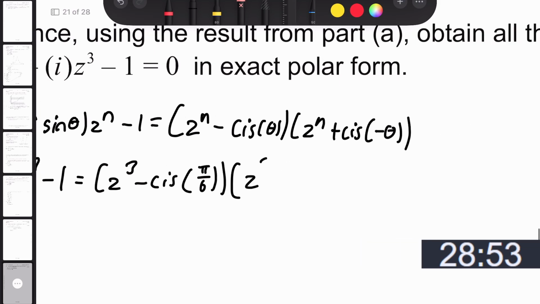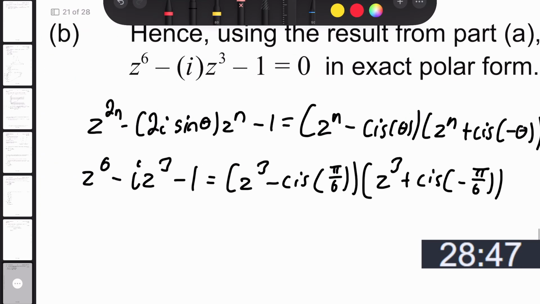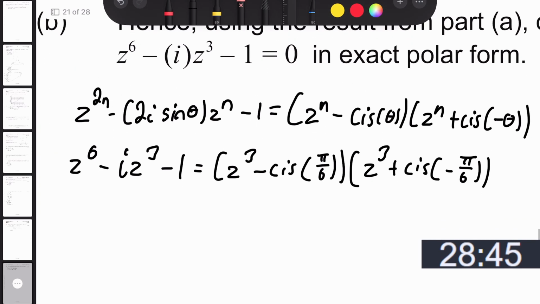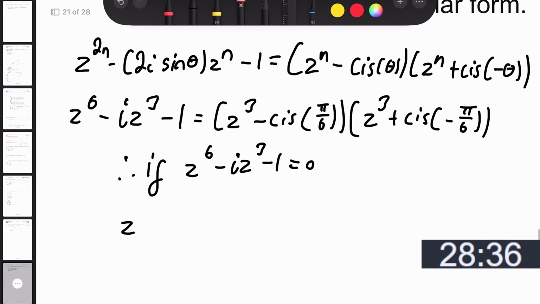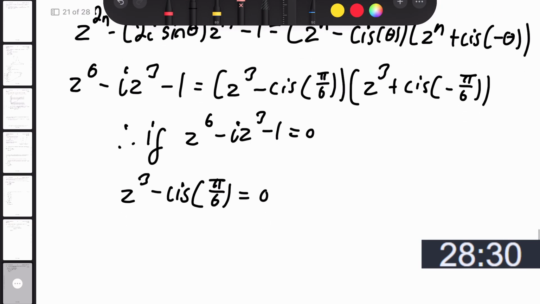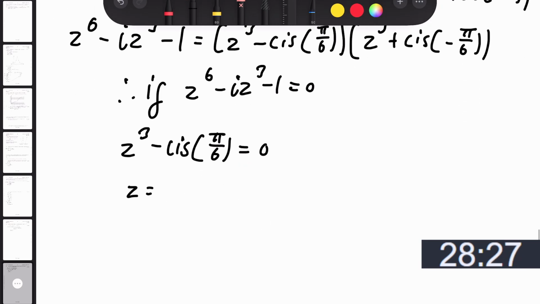And here we have Z3 plus cis of negative pi on 6. If Z6 minus I Z3 minus 1 equals 0, then we have that Z to the 3 minus cis of pi on 6 equals 0. So then Z is going to equal cis of pi on 18.